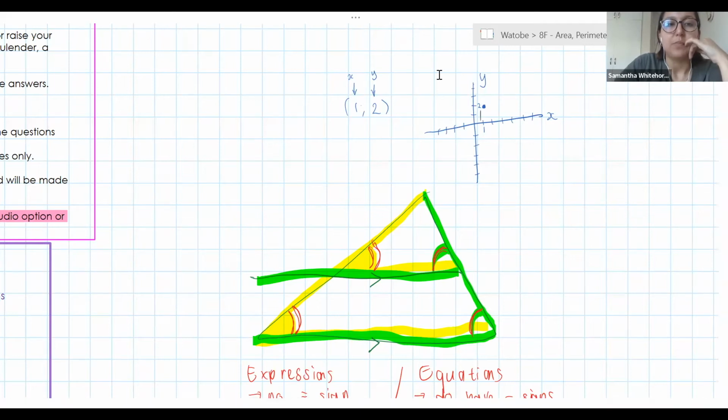We've essentially pinpointed a specific position on our Cartesian plane. So that's essentially what the Cartesian plane is. There's many different uses of it. We're going to use it in graphs, we'll use it in geometry, we will use it in many, many different places. But that is the basics of the Cartesian plane.